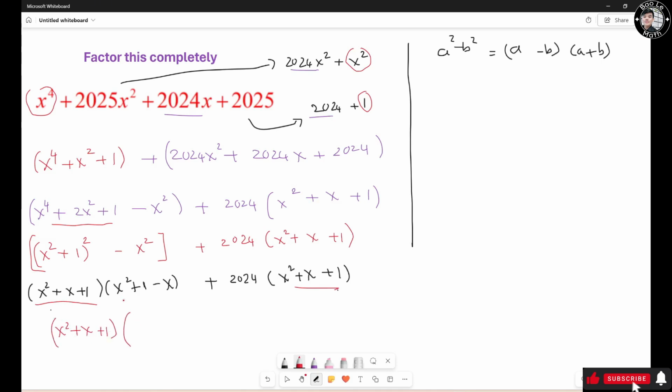And then this guy turns out to be s squared minus s plus 1 plus what? 2024, right? Now 1 plus 2024, which means 2025, right? So I just eliminate 1 right here, right? And this is the final answer.